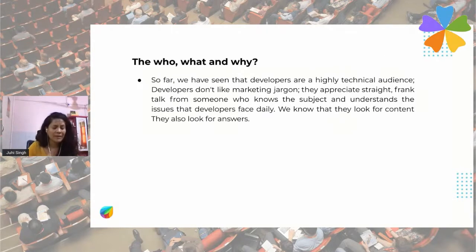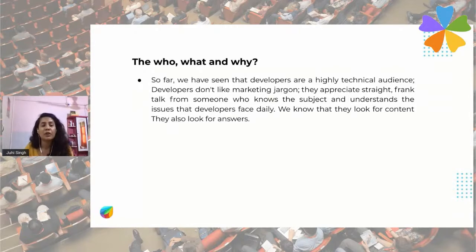Now, the one thing we have to understand is who the developers are, what they do, and why they do it. So far we have seen that they are a highly technical audience and they hate marketing. They like techniques which are very straightforward, frank talk from someone who knows the subject and at least understands what they are trying to convey to the developers, whether by email communication, video advertising or anything else.